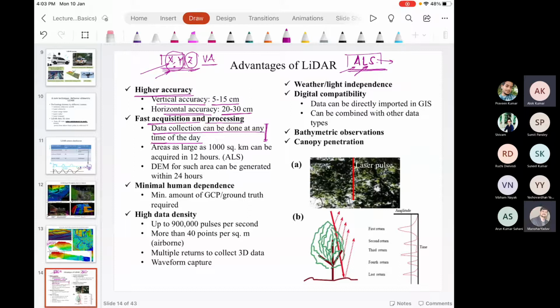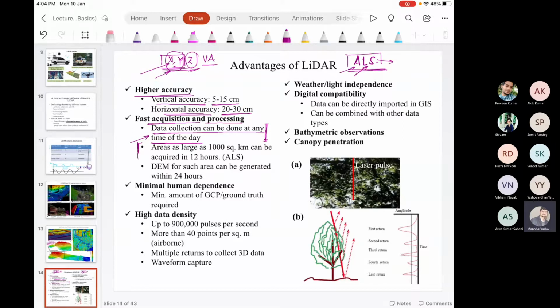Yeah, good, correct. So LiDAR based operation is independent of the illumination generated by the sun. Its operation is independent of whether the time is day or night. So the LiDAR based data acquisition can be done even at night. So data collection can be done at any time of the day.